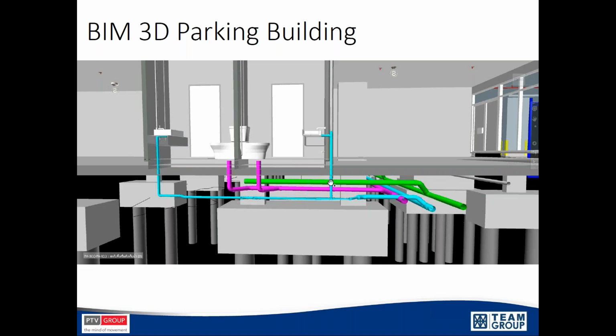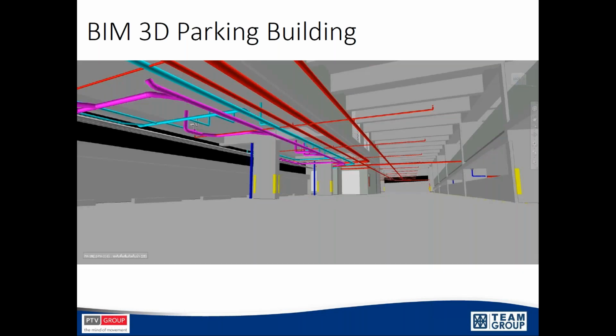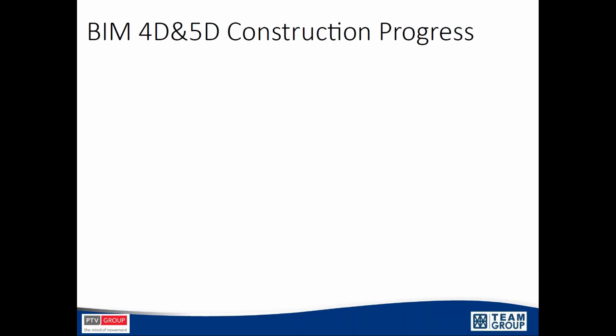But for us, for traffic engineers, what would you check? We would check about the vertical clearance, like what is the maximum height that the van could get inside. For some place it would be 2.2 or 2.4 meters. Furthermore, you would check about the turning radius. So these are the benefit of 3D BIM for traffic engineers.